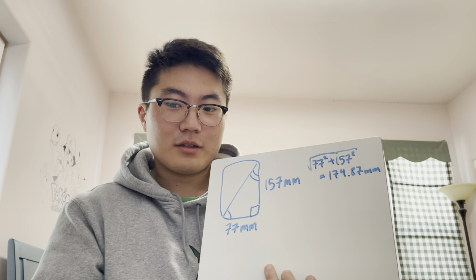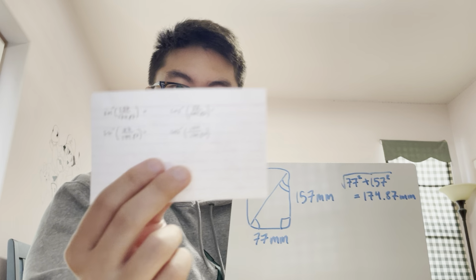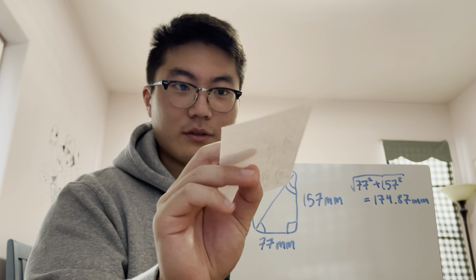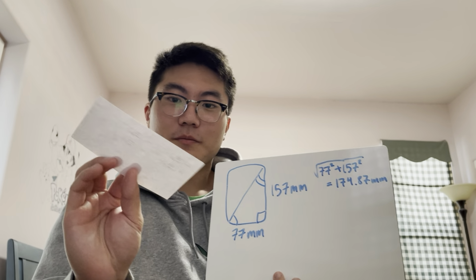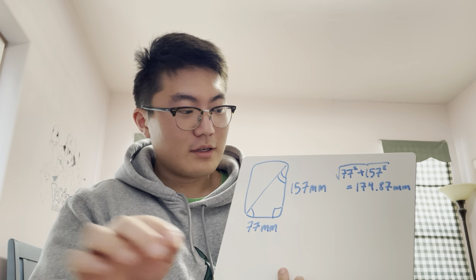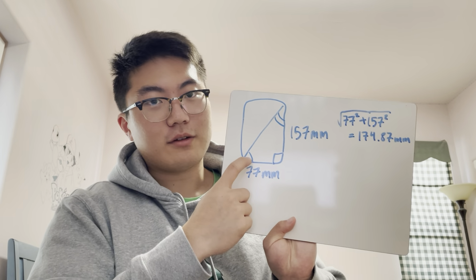I have it written down here. These two on the top will equal the same angle as these two on the bottom. We can actually find that right now. I'll find the angle of this one first, which is sine inverse of 157 over 174.87.